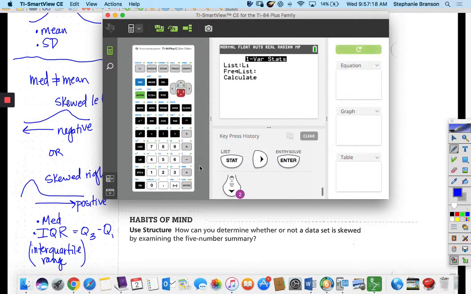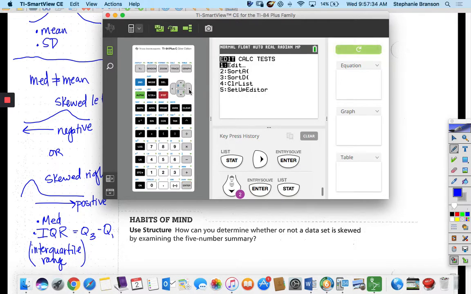Calculate those stats. All right, our mean is approximately 140. Did I miss something? Let's see.